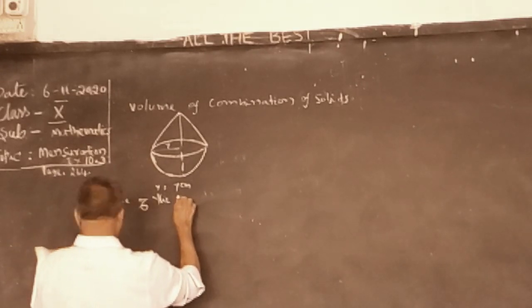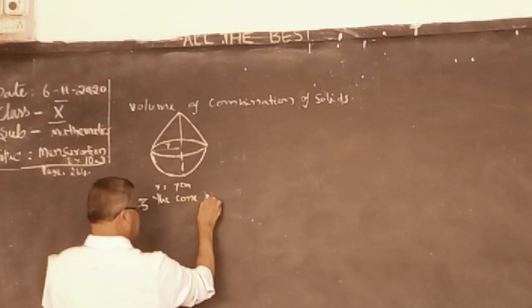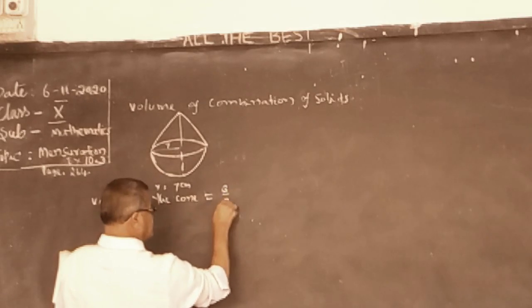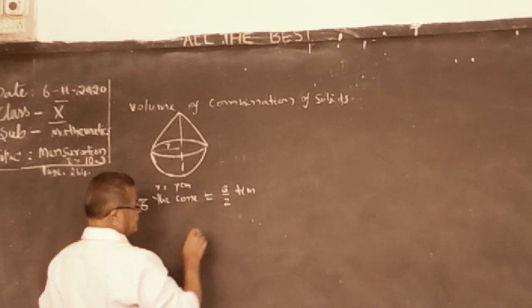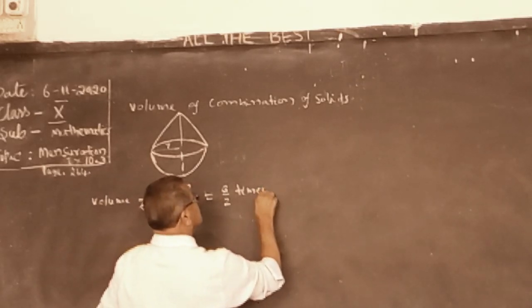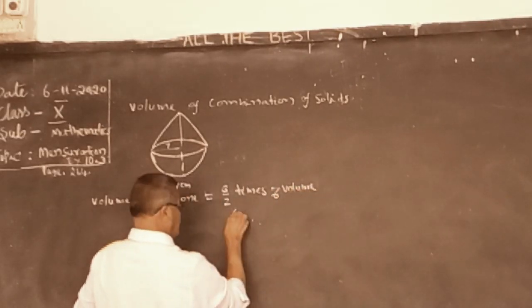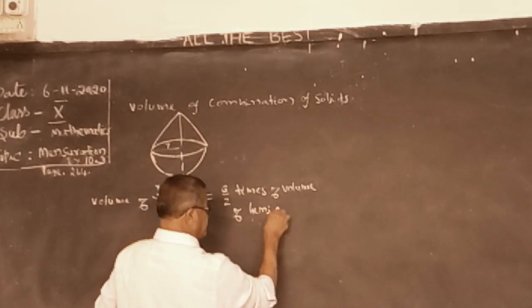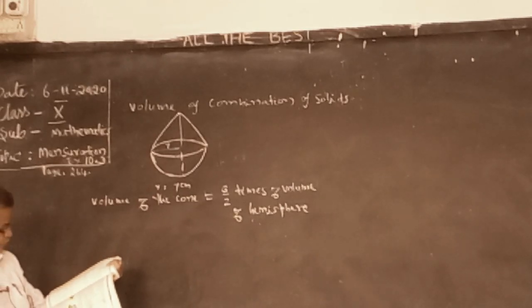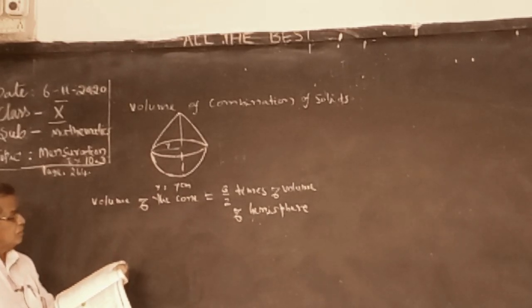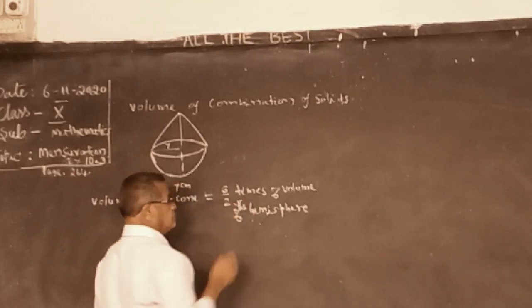Volume of the cone is equal to 3/2 times the volume of the hemisphere.